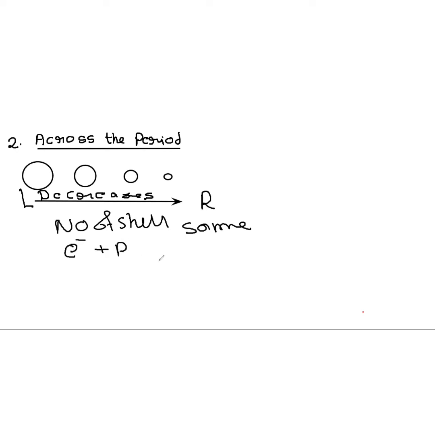but the number of electrons as well as protons are increasing. So when the number of electrons and protons increases and the number of shells remains the same, it increases the nuclear force. When it increases the nuclear force, the force of attraction between the nucleus and the electrons increases.